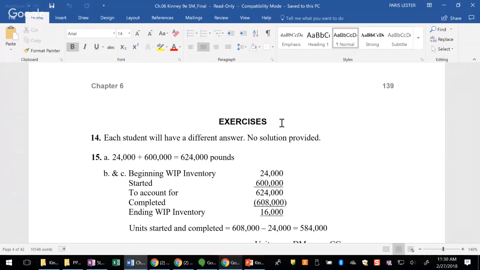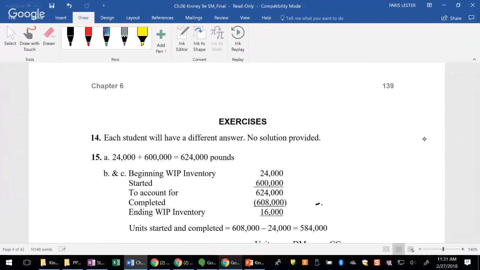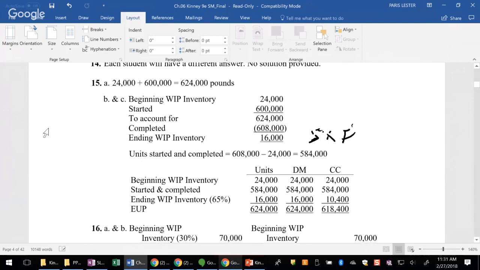And we had 24 of those in beginning inventory, assuming we finished those. So started and completed was 584. And that's what I use for started and finished when I do FIFO, okay? All right, so that was A, B, C on that one, I guess. Number 15, just calculate the equivalent units.